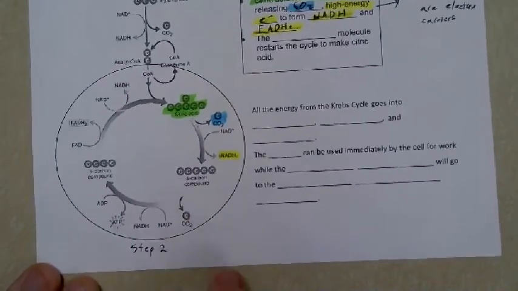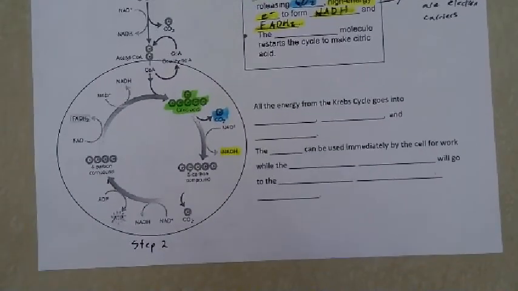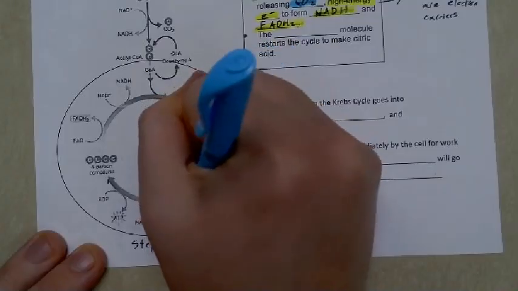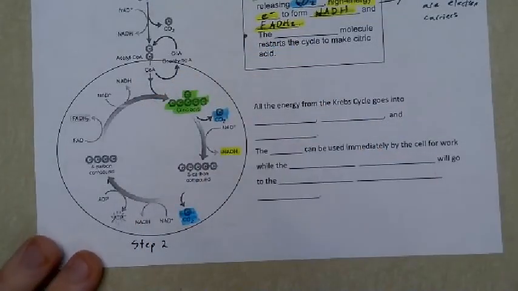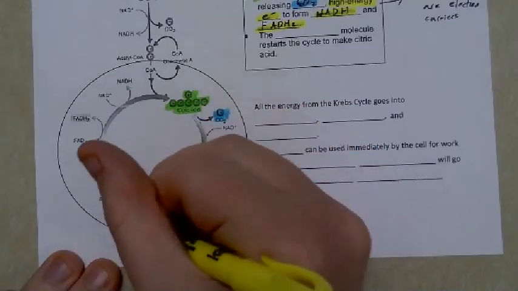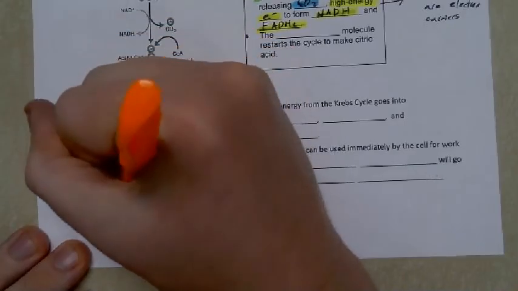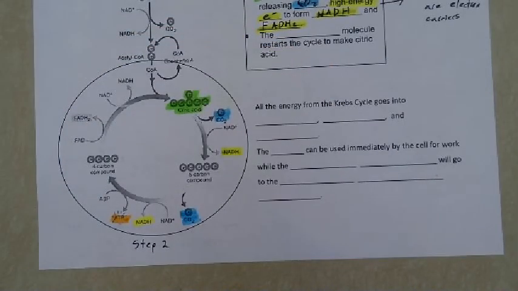And then I'm going to rip another carbon dioxide off of it, right? This step 2 is kind of like just happens over and over. I rip carbon dioxide off of that. And this time, when I do, I'm going to end up producing NADH. I'm also going to get some ATP out of this. I'll do that in orange here, right? I get some ATP, more high-energy molecules that I can now go spend.